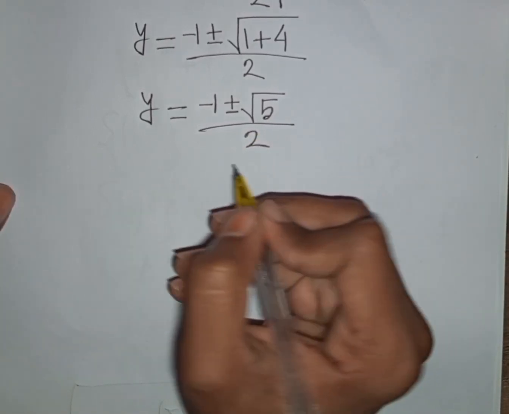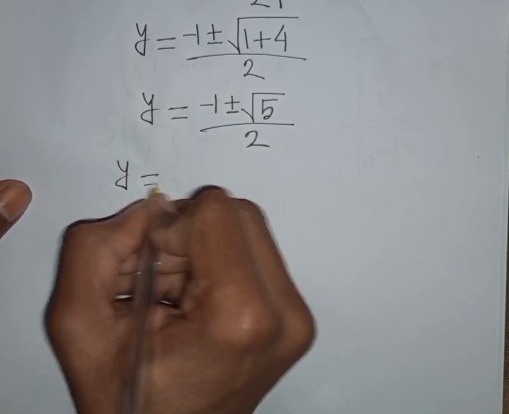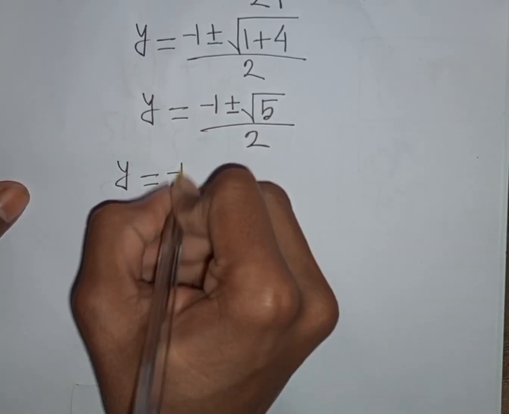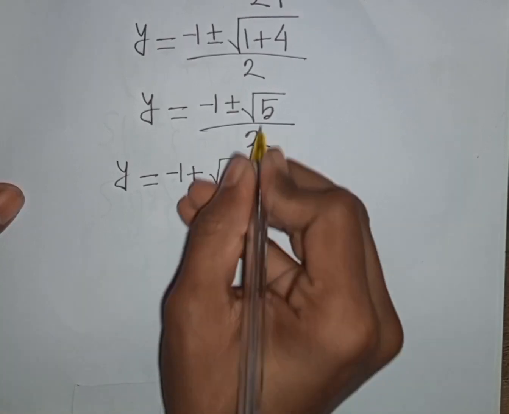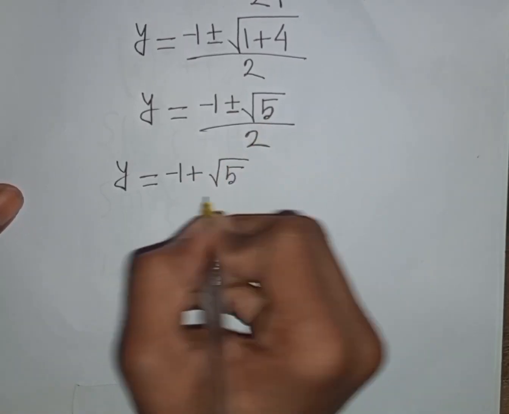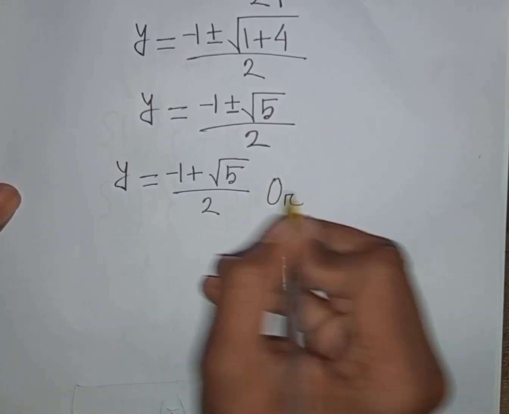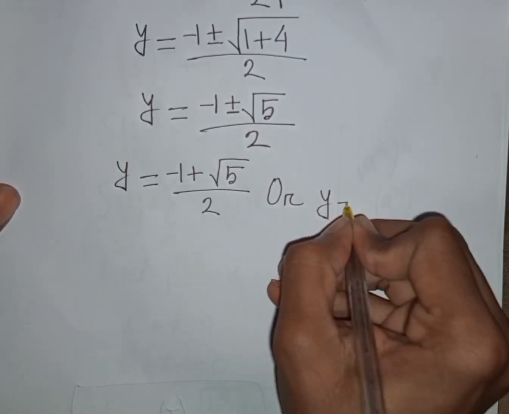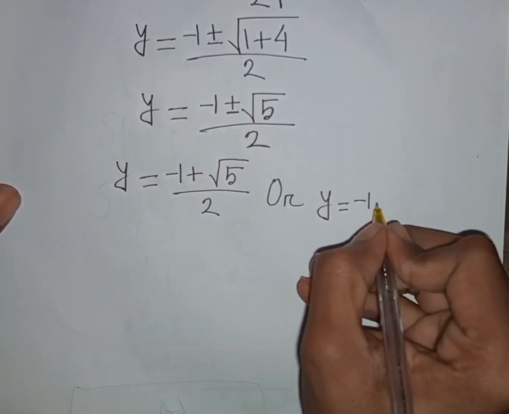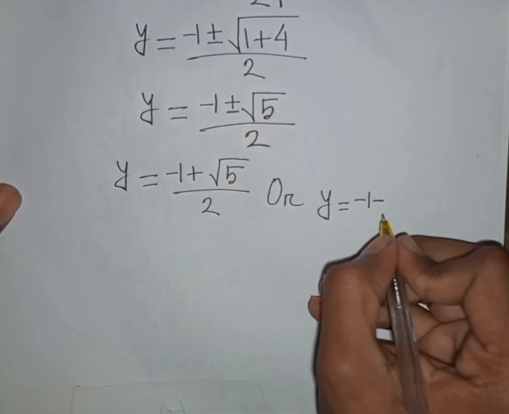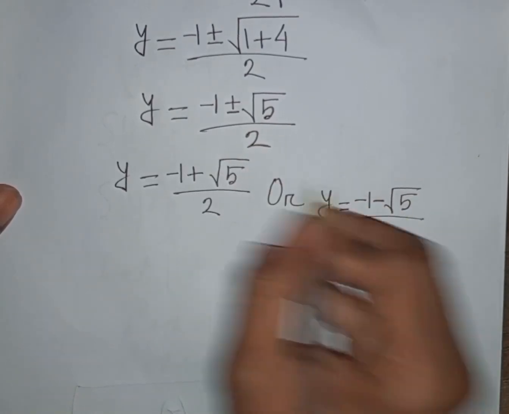Now we see here two cases, so you can write y is equal to minus 1 plus square root of 5 divided by 2, or y is equal to minus 1 minus square root of 5 divided by 2.